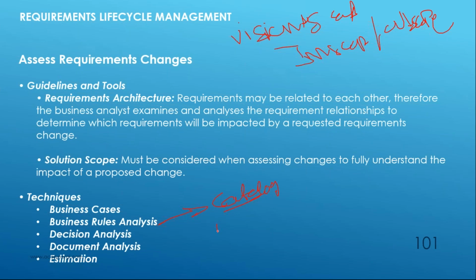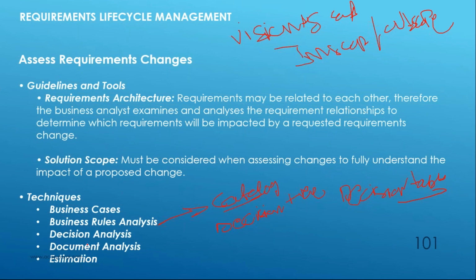You follow it up with decision trees. And a more complex way of depicting your business rules will be decision tables. So decision tables are also something you use whenever we talk about business rules analysis. Definitely they need to be considered when you're dealing with a change.